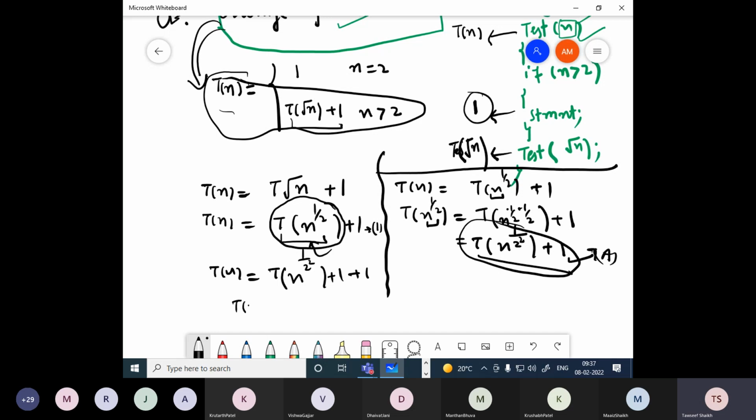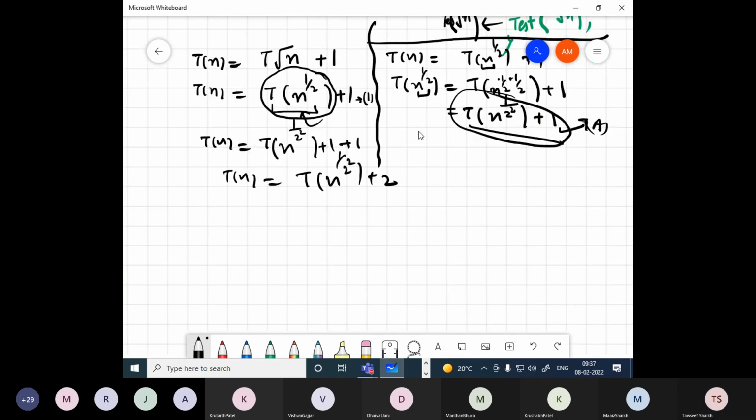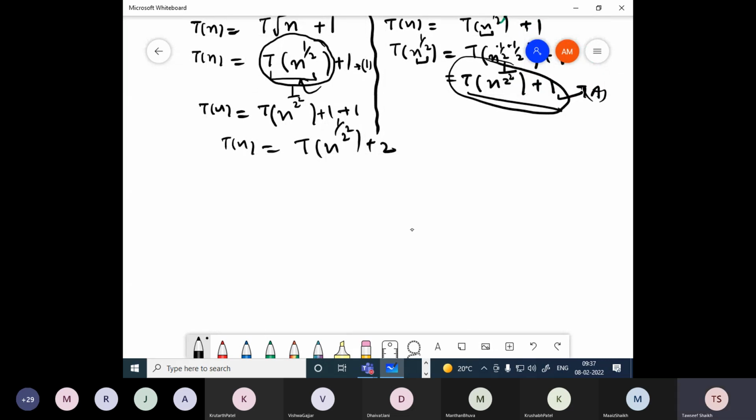That means T of n will become equal to T of n power 1 by 2 square, plus 2. Again, by using the substitution method, if I know the value of this thing, I will substitute that in this equation. Let me name it as equation number 2.